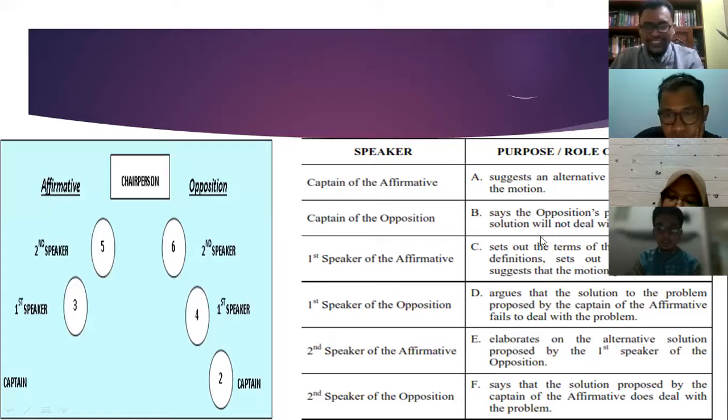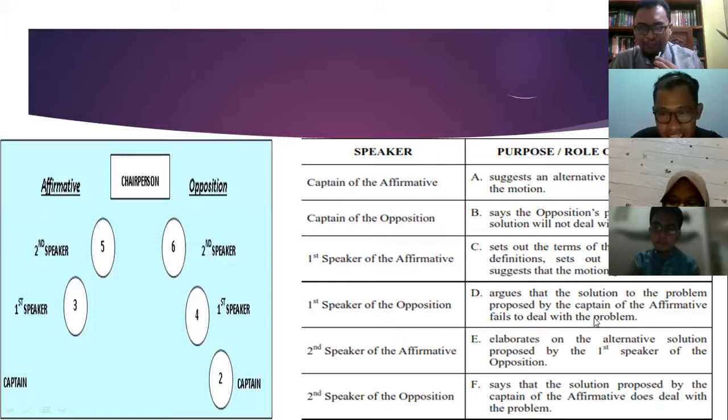C. Are you sure? Yes, C. Any other answer? No? D? D argues that the solution to the problem proposed by the captain of the affirmative fails to deal with the problem. It must be somebody else, not the captain of the affirmative.